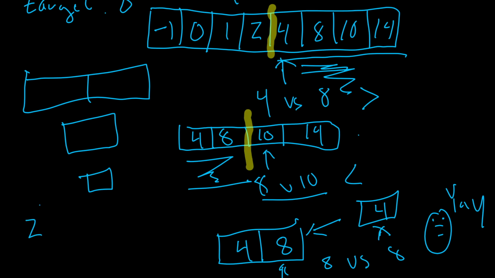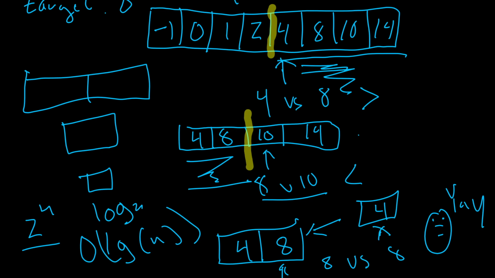So it's the opposite of exponential, which would be doubling each time. We use log base 2, which we just write as lg of n. So that's log n, which means basically the runtime grows very, very, very slowly.